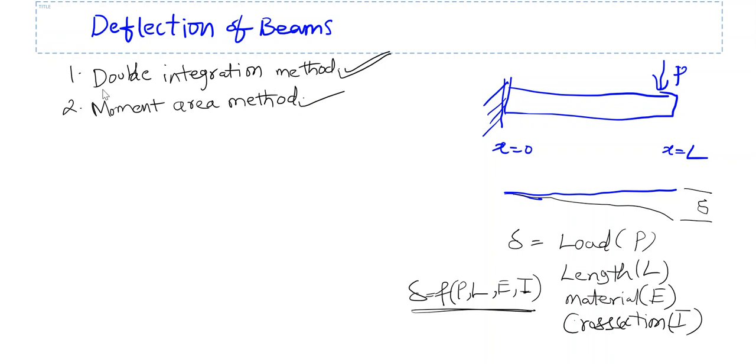So let us see both the methods, both double integration method and moment area method. First, let us talk about the double integration method. The same cantilever. Let us take the same example of this cantilever.